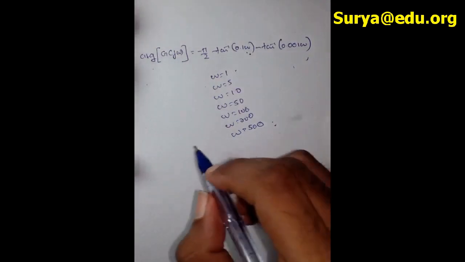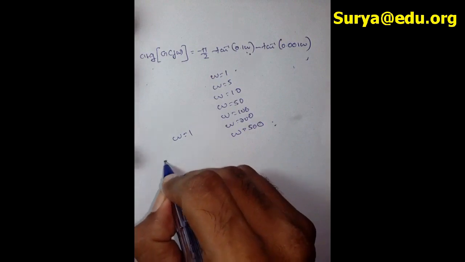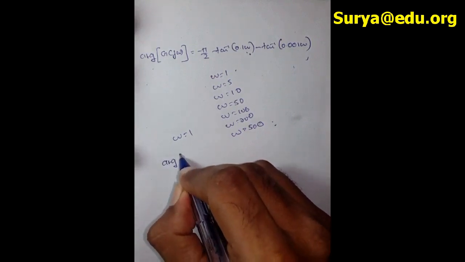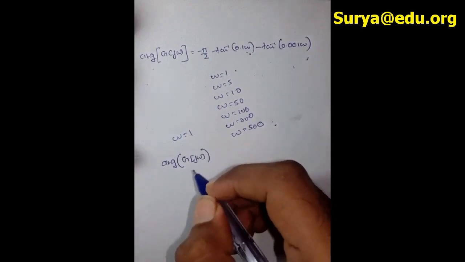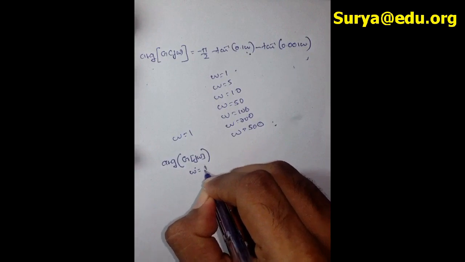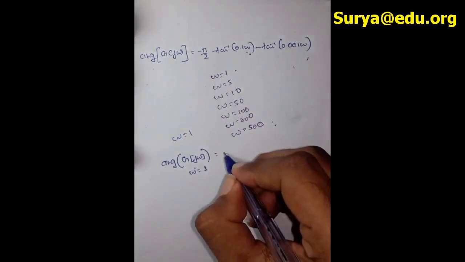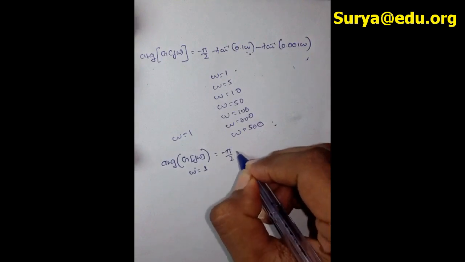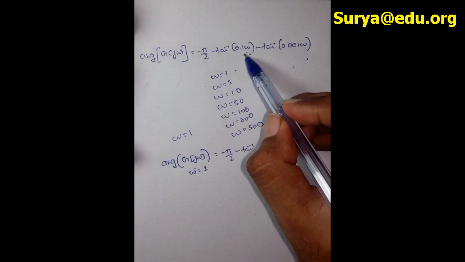So now just put omega equals 1, right? You are going to find the argument of G of j omega for the particular value omega equals 1. When omega equals 1, it gives you minus 5 by 2 minus tan inverse 0.1 omega.